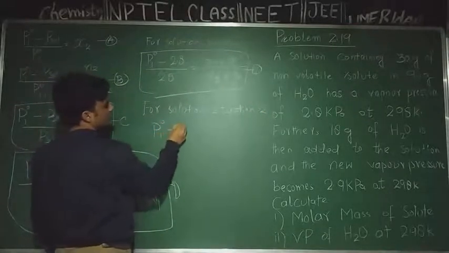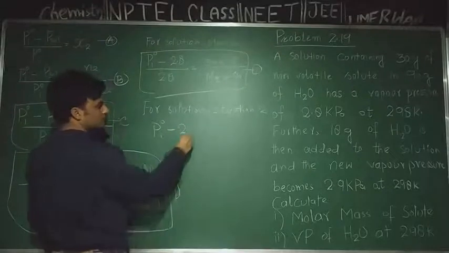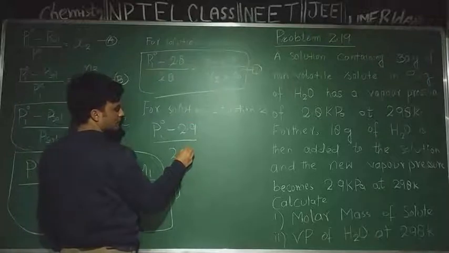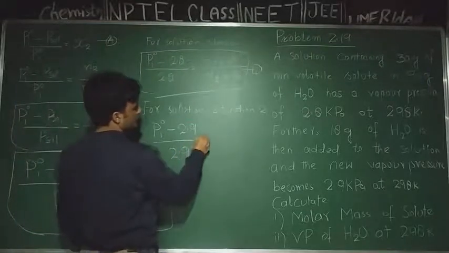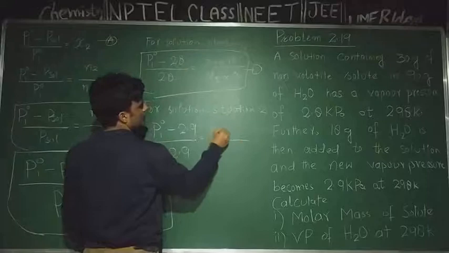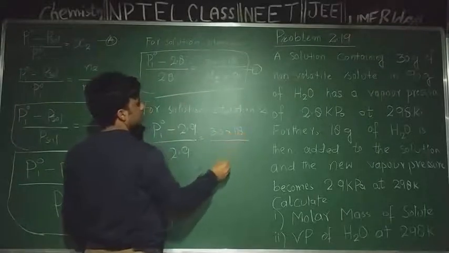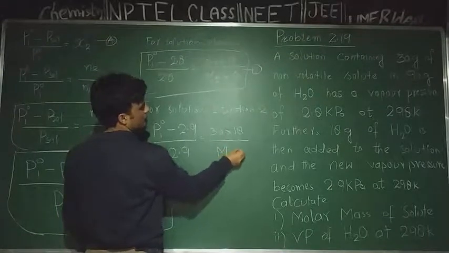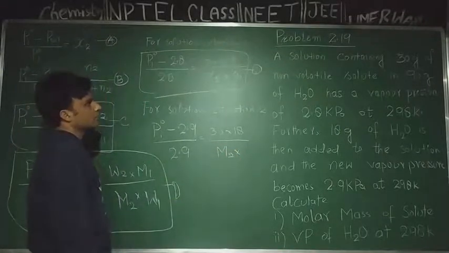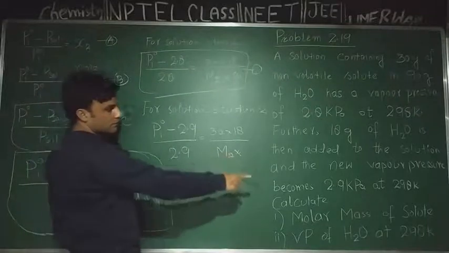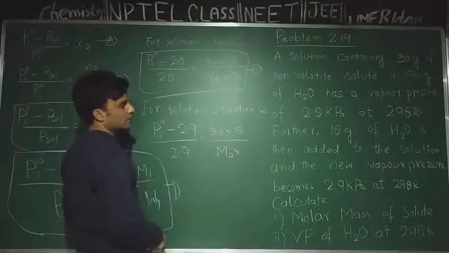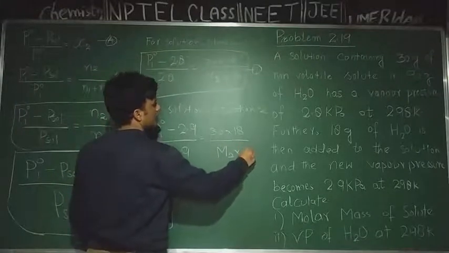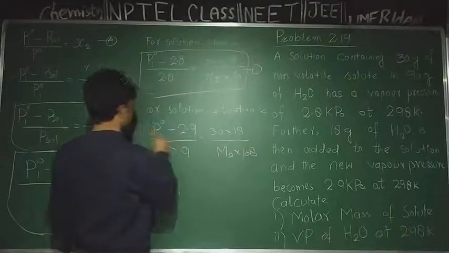P01 minus, this time vapor pressure of solution is increased to 2.9 because weight of volatile component liquid water is increased from 90 to 30 into 18 divided by M2 into, now weight of solvent this time is 90 plus, because question says 18 grams of water are further added, so weight of water this time is 90 plus 18 is 108.